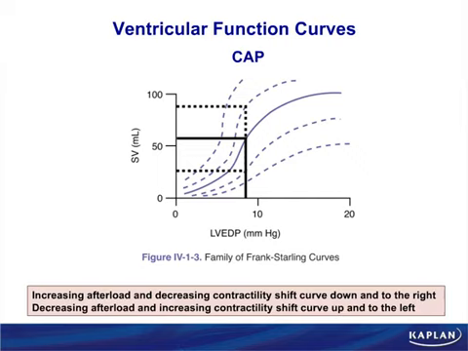Contrast that with any curve below that, in which contractility fell. And if contractility falls, notice that the stroke volume falls. That's the dashed black line underneath the solid black line. I get the same scenario if afterload goes up. So if afterload goes up or contractility goes down, I suppress or push down and to the right the Frank-Starling curve.